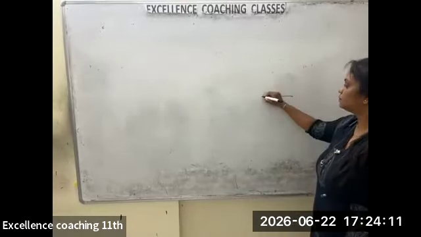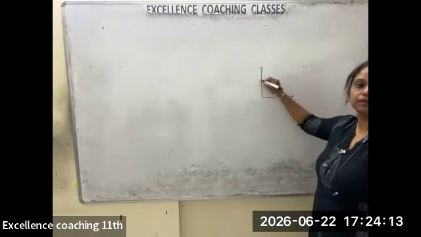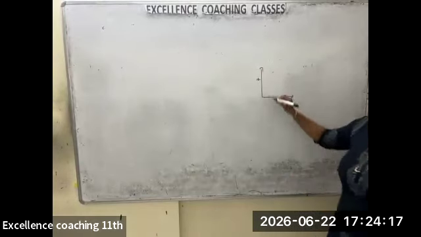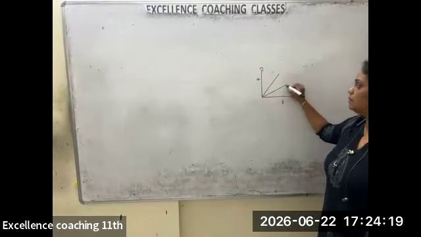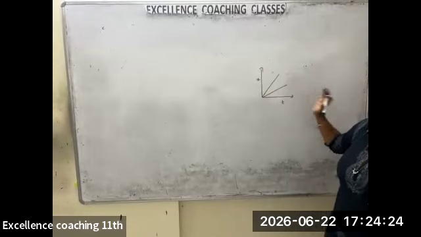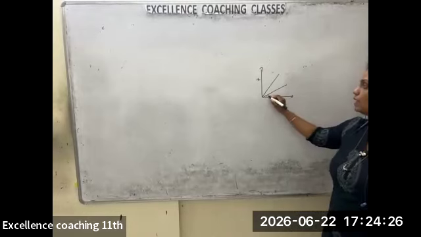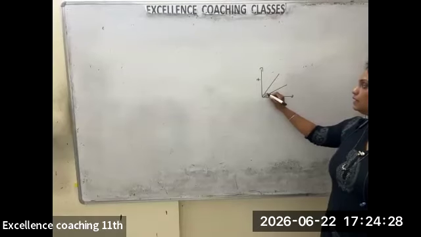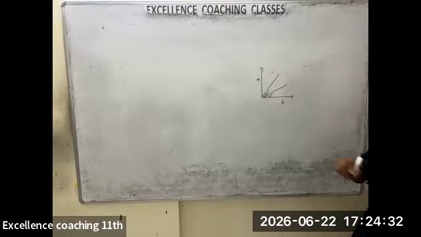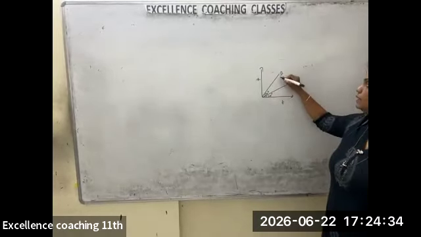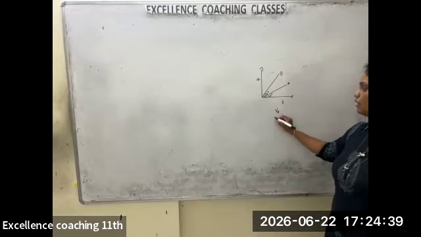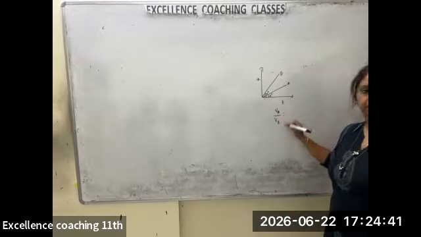So which graph do you have first of all? Displacement time graph. There are two lines A and B making some angle with the time axis. What are the angles given? A is 30 degree, B is 60 degree. You have to find the ratio of velocity of A upon velocity of B.